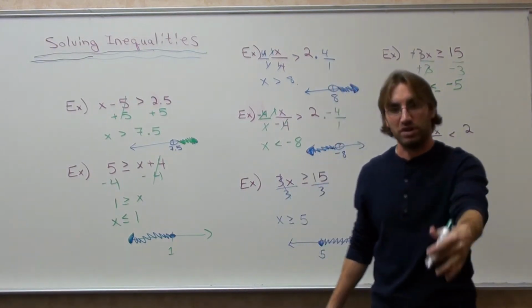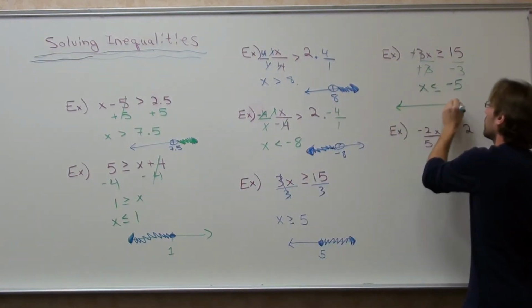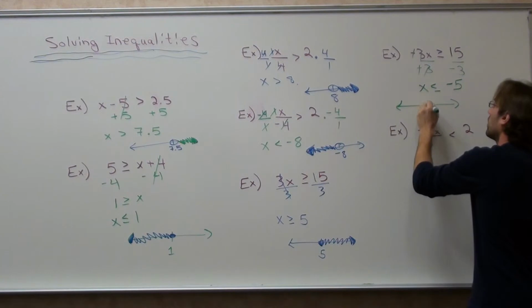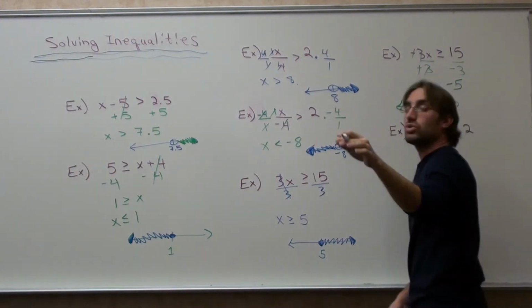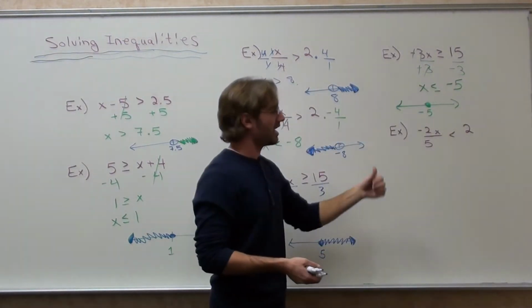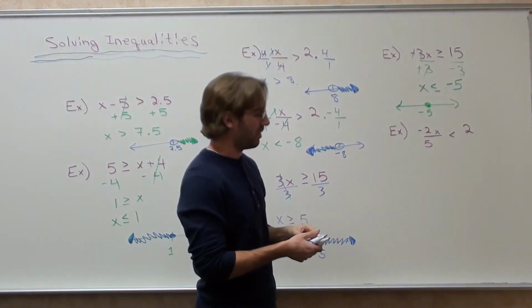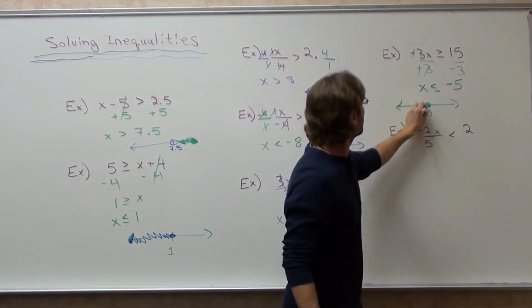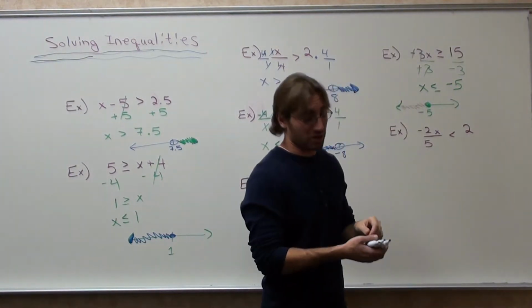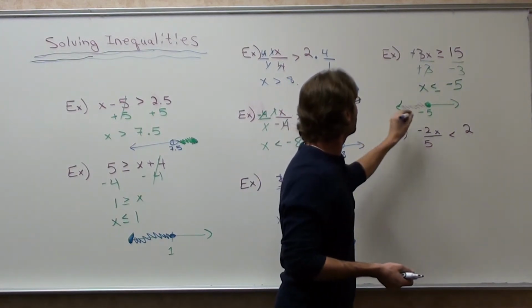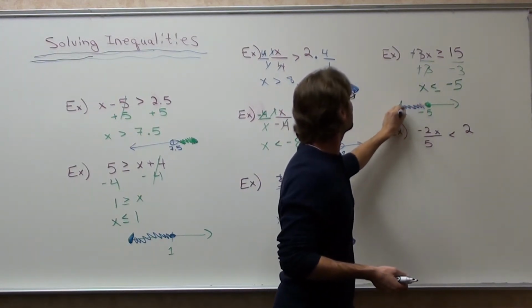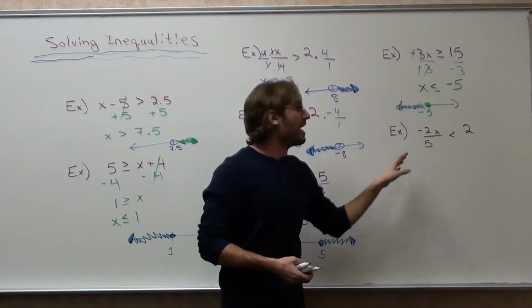There's your answer. And if you want to plot it, it's a closed circle because it's got a line underneath it, and it's that way. There you go. Last one.